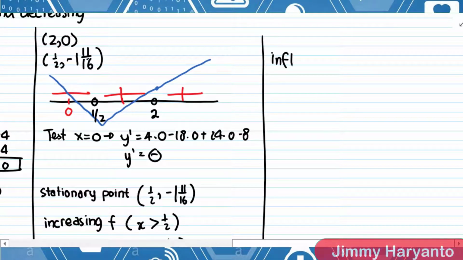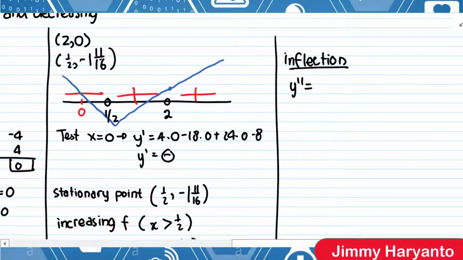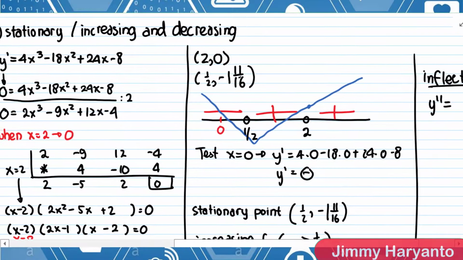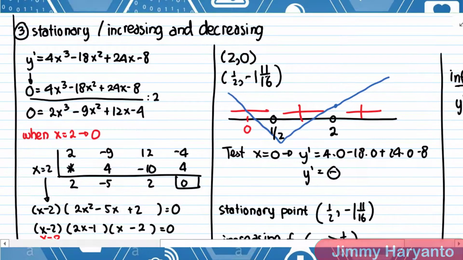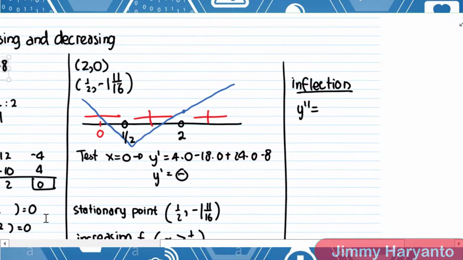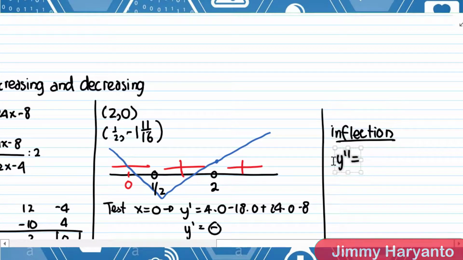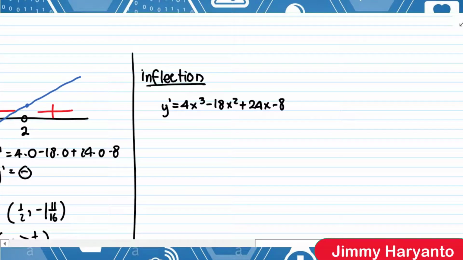The inflection point happens when y double accent equals 0. So the y accent is 4x cubed, I will copy this one. To find the inflection point, you have to find the y double accent, of course.